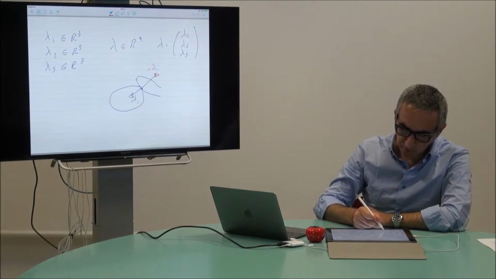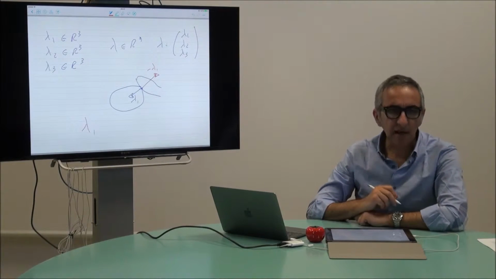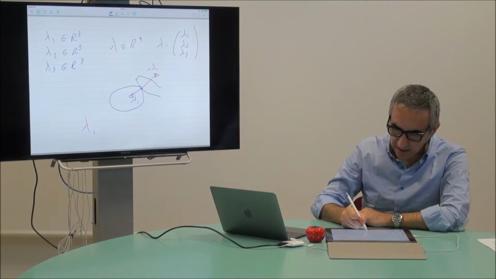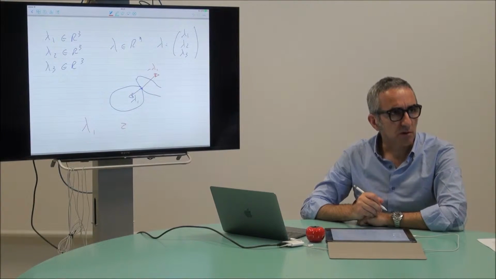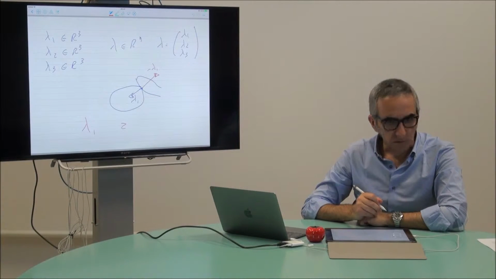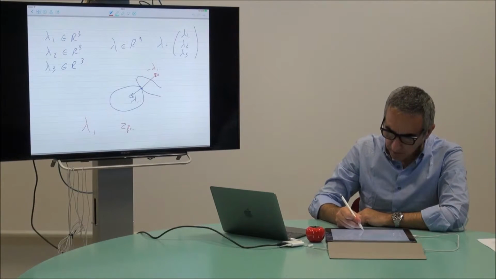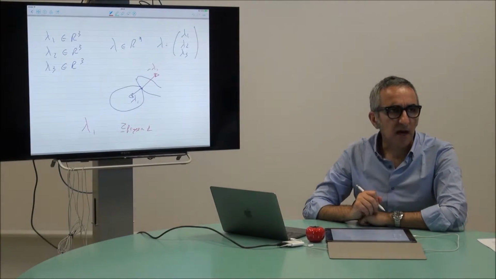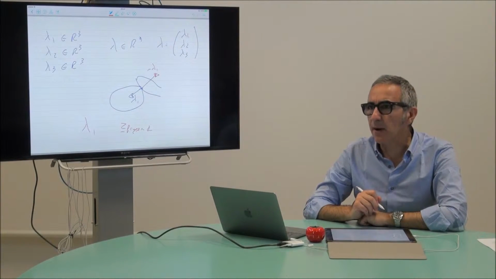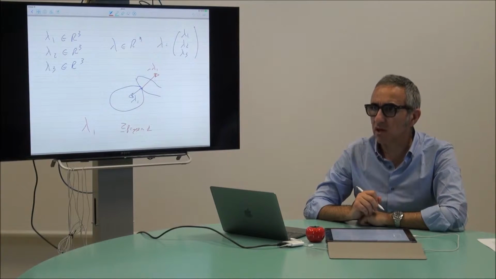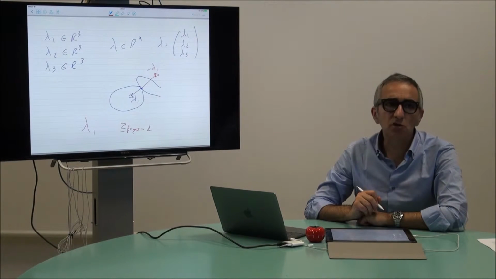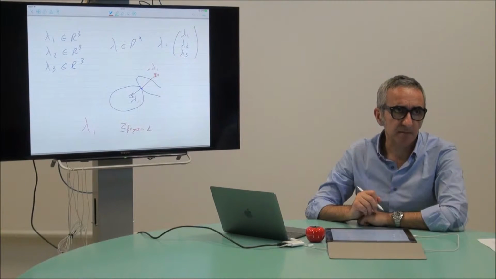If I want to do a force lambda 1 with my index finger, and I have my motor for finger 1, which is 3-dimensional, I am almost sure that I can apply at this contact point any force I want because I have these 3 independent joint controls, assuming that there is no singularity.